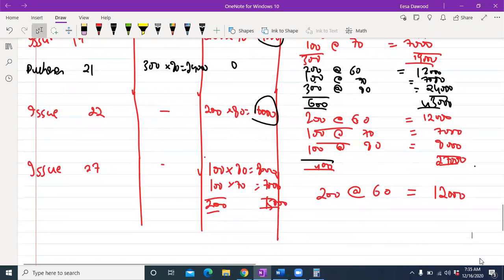Okay, so here, what is the total cost of issues under LIFO method? Please tell me, total cost of issues.